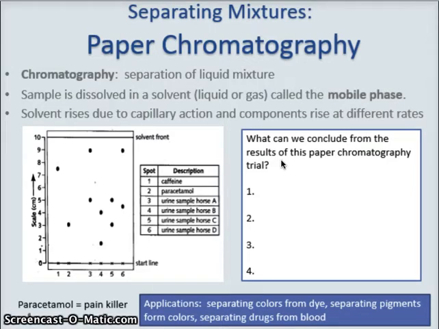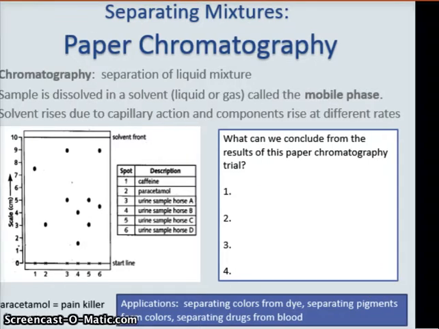Paper chromatography just tells us that different chemicals and compounds will travel at different rates.